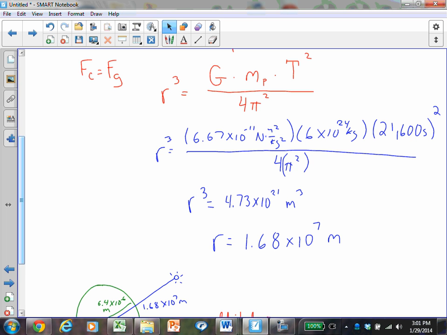You're not getting the right answer? Okay, when you divide by 4 pi squared like that, you're dividing it by 4 and then multiplying it. So you have to put that in parentheses.